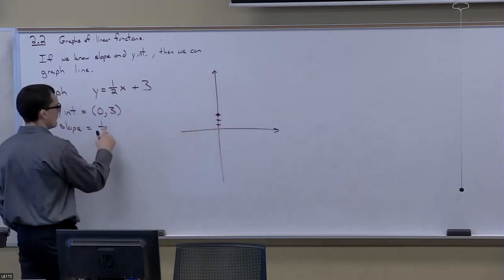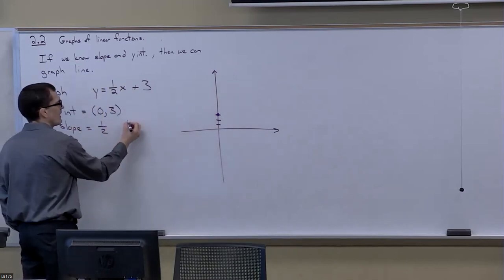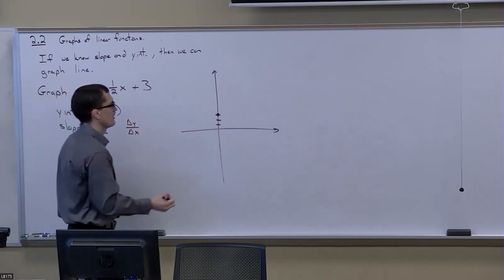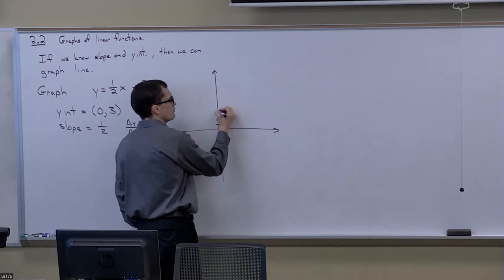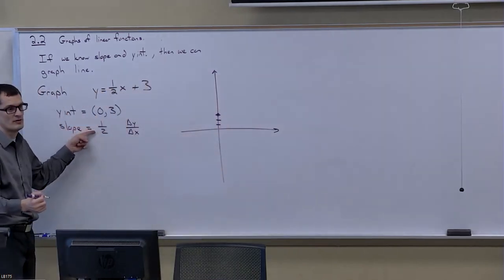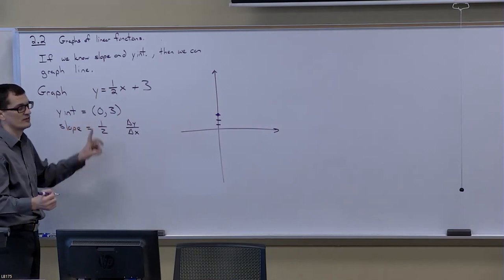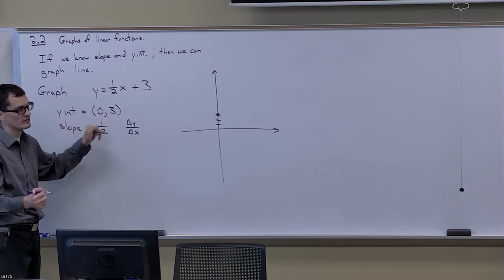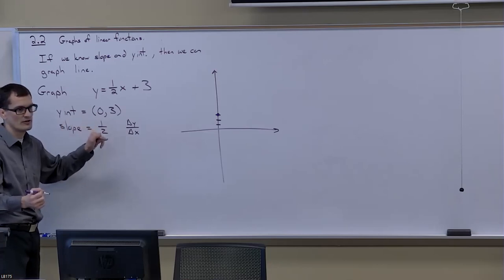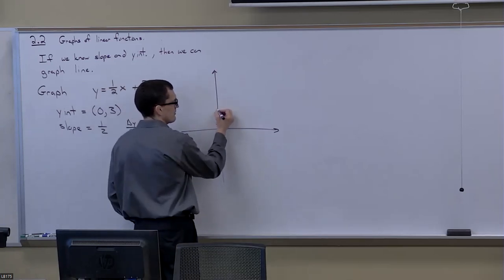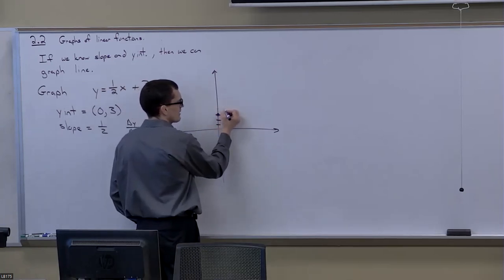And then the slope of 1/2 means change in y over change in x. So the change in y is 1, and notice it's a +1 over a +2. The change in y is positive, that means go up. Change in x is also positive, so it means go over to the right.